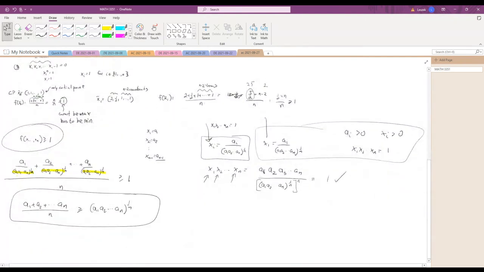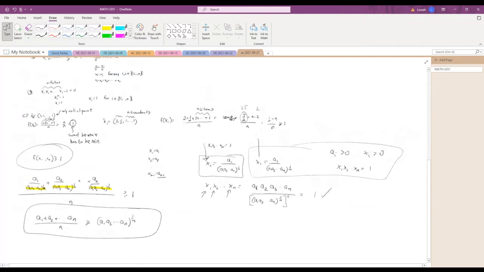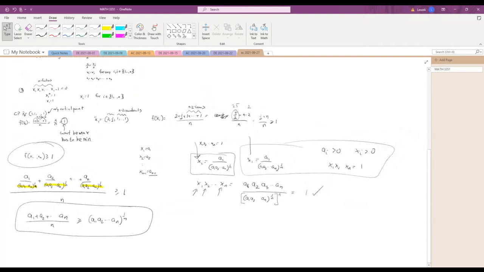All right. How does that show that it is optimized? Well, if you have your function attaining a max or a min, it has to be at a critical point.